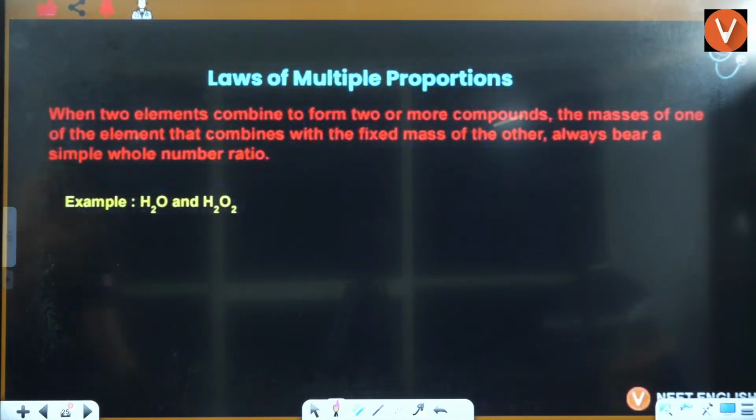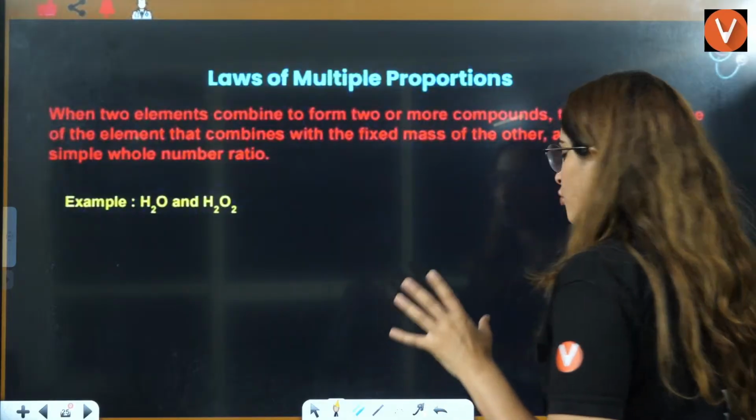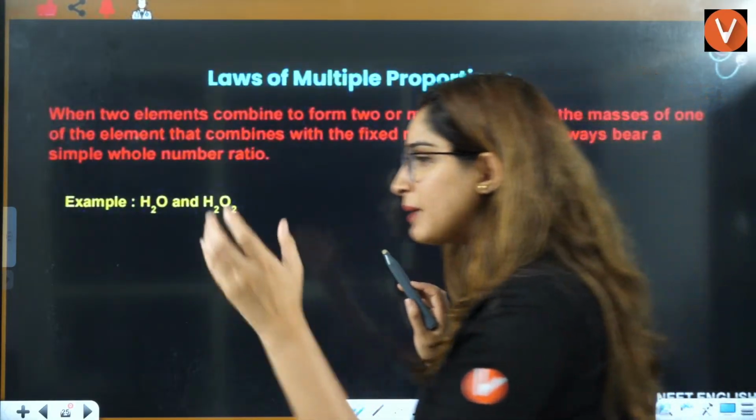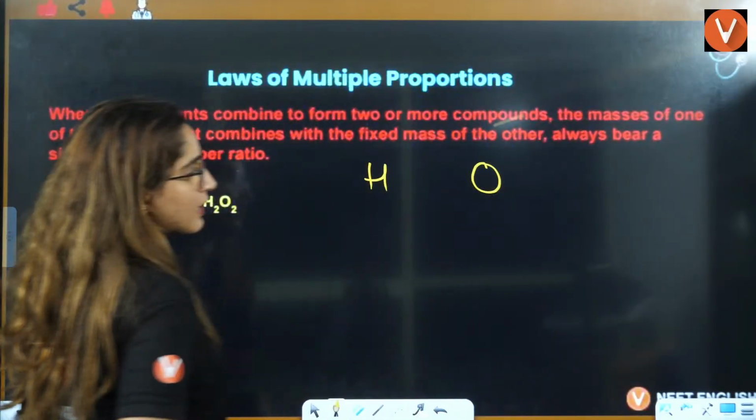Shall we move to the third one, that is law of multiple proportions. Third law, that is law of multiple proportion. Law of multiple proportion states that you have 2 atoms, right?